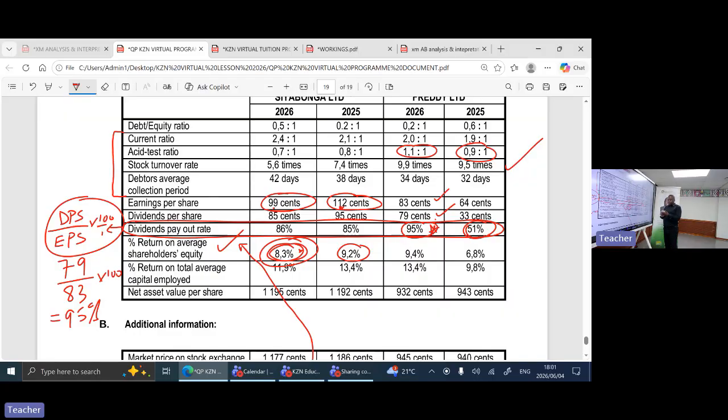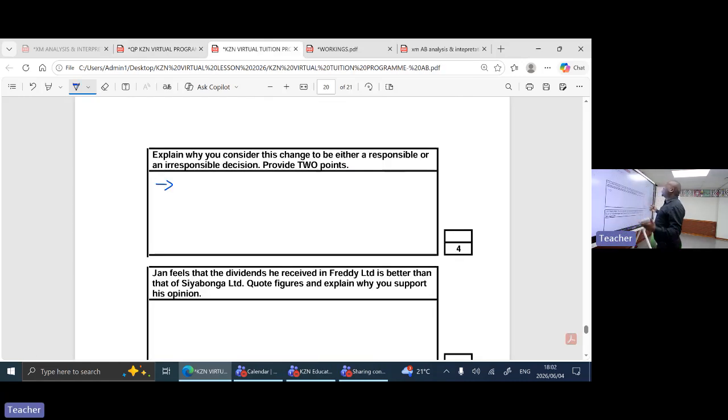When you say minus 51%, that is 49%. So you can say that the company made a responsible change. It's either responsible or irresponsible, so you can choose which one you want to choose. Towards a responsible change. Right?